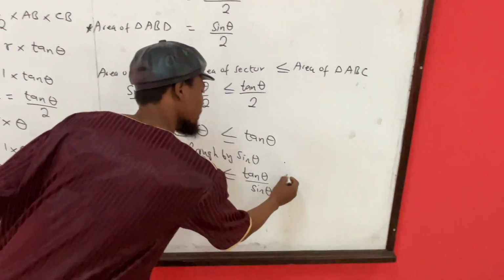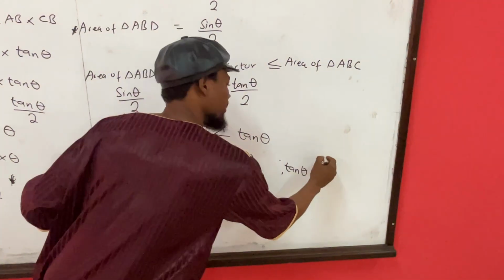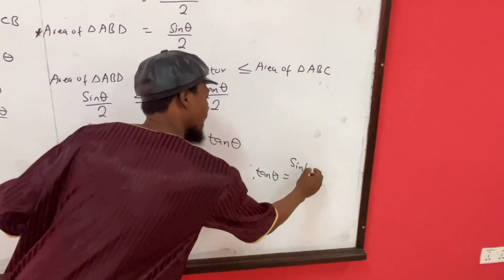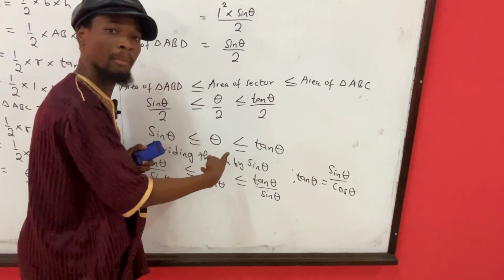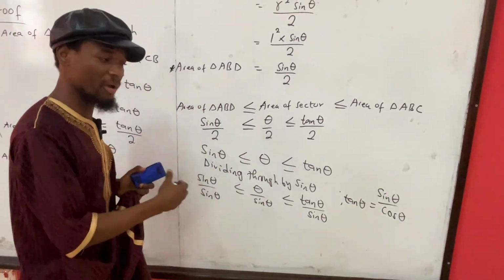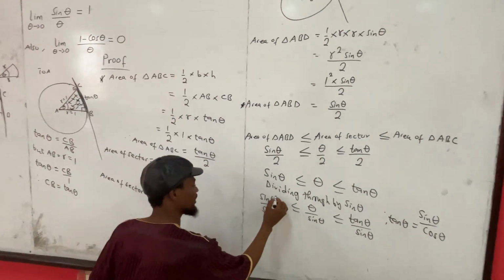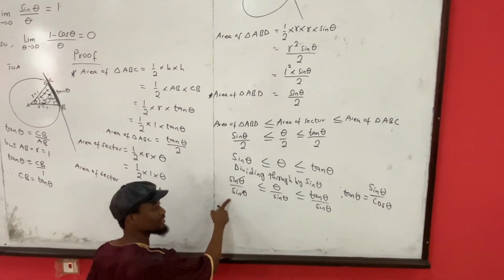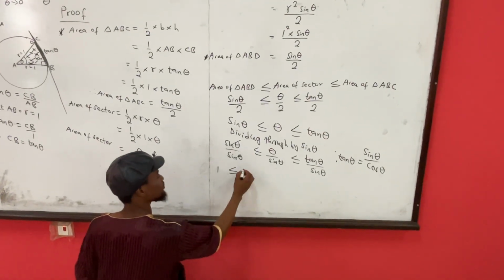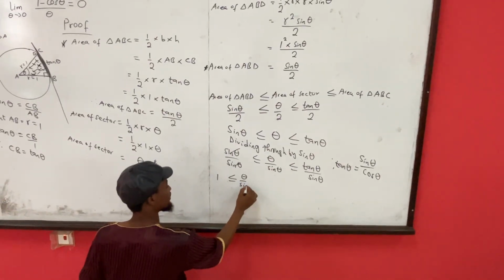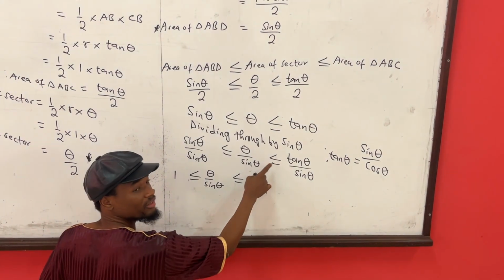Remember that tan theta can be expressed mathematically as sine theta over cos theta. This is from our pre-calculus, okay? Basic trigonometry, right? So therefore, sine theta cancels sine theta. So we have 1 less than or equal to theta over sine theta less than or equal to, what do we know for tan theta?